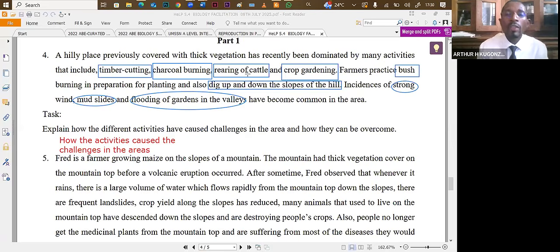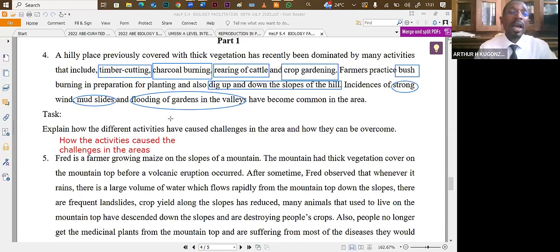My third one on rearing of cattle. My fourth one on crop gardening. And my sixth one on bush burning. So this first portion of the task requires me to write a maximum of 6 responses. Why? Because the activities given to me are 6.